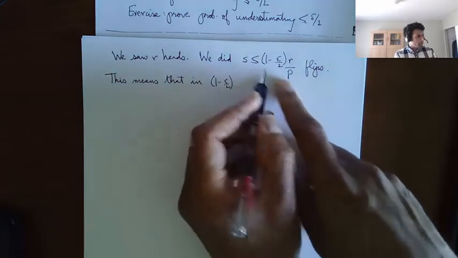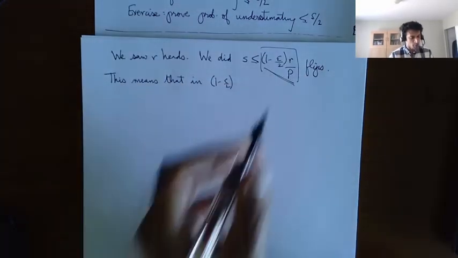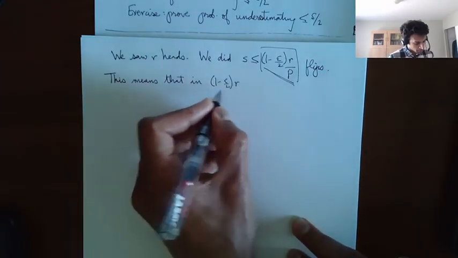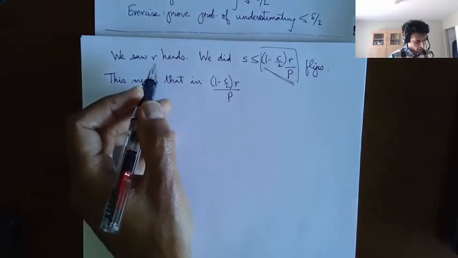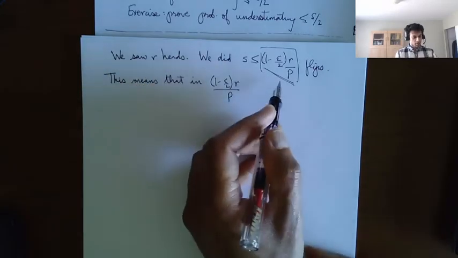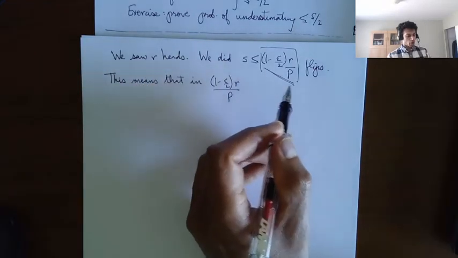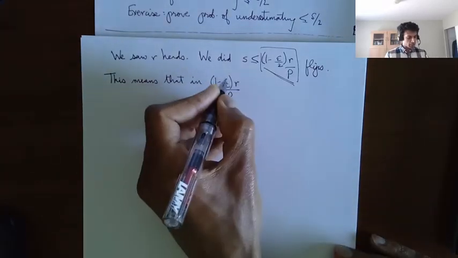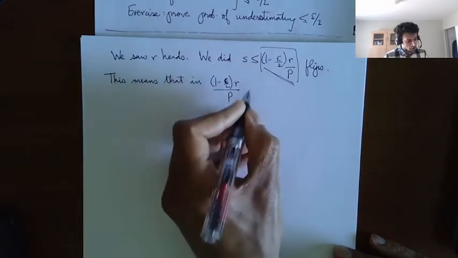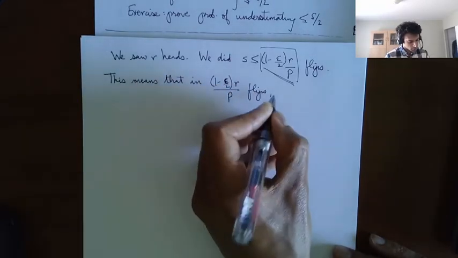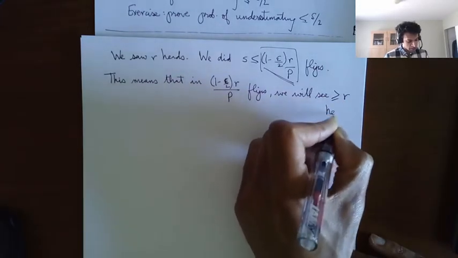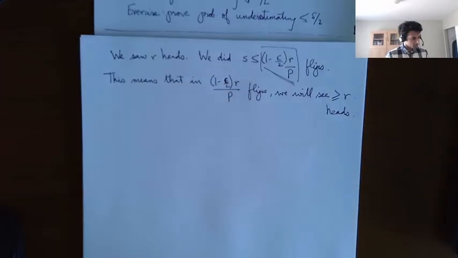But keep flipping until you did these many flips, until you did (1 minus epsilon) over 2 times R divided by P flips. So in the world where you saw R heads with fewer than (1 minus epsilon) over 2 times R divided by P flips, in that world, if you kept flipping until you did these many flips, we will see at least R heads. And then the logic follows.